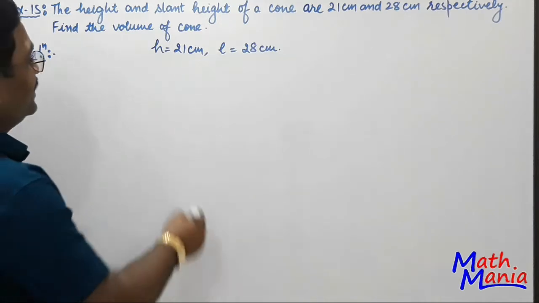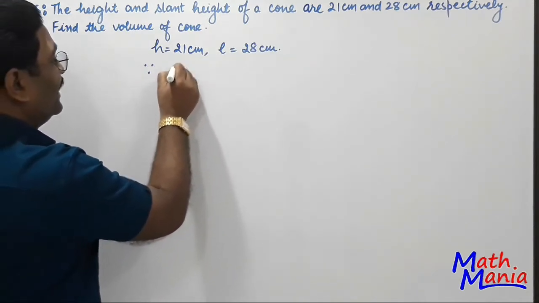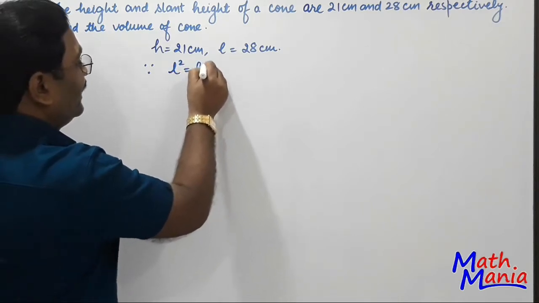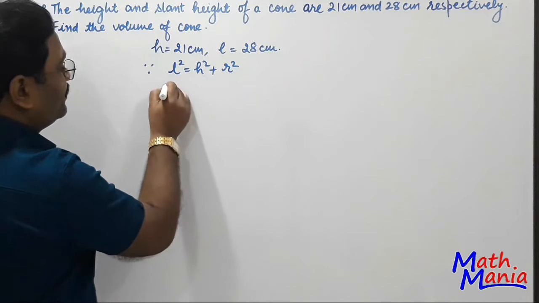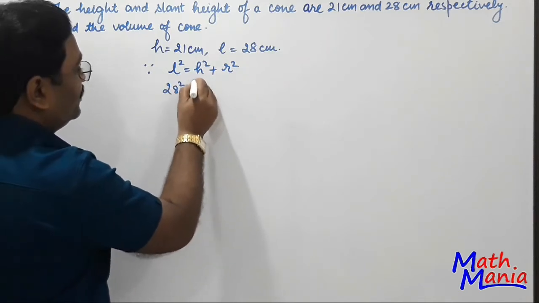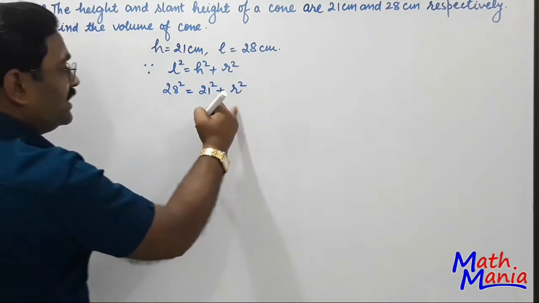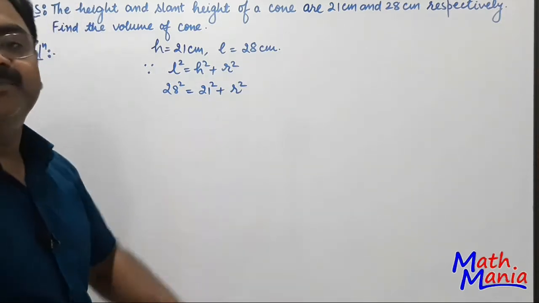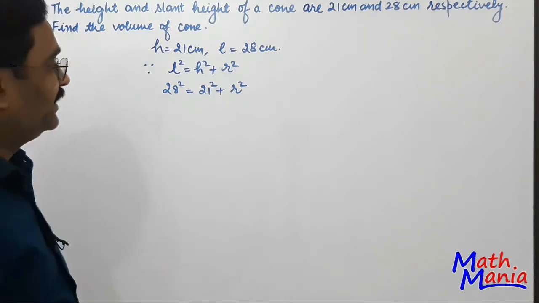Since you know that L square equals h square plus r square, L square means 28 square equals h is 21 square plus r square. इस इक्वेशन से हमें r की वैल्यू मिल जाएगी एंड आफ्टर गेटिंग द वैल्यू ऑफ r फिर हम वॉल्यूम इजीली फाइंड कर सकते हैं.